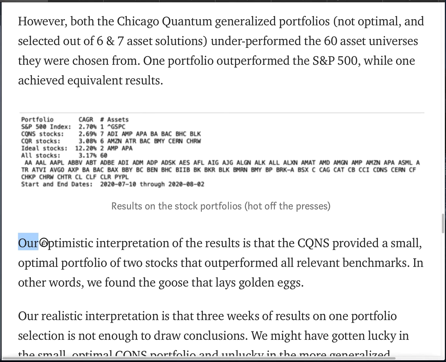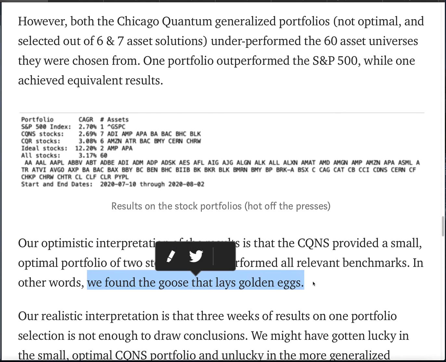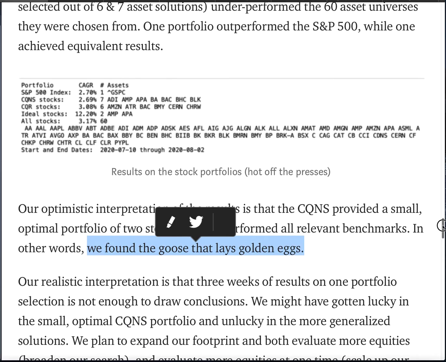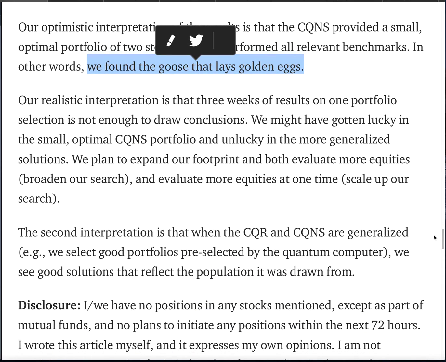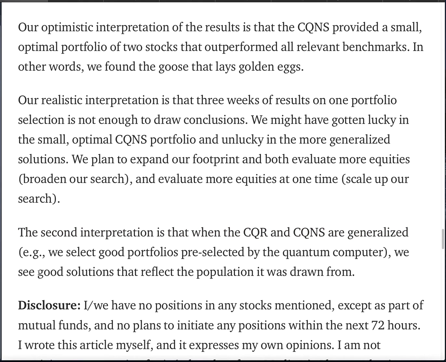So our very optimistic interpretation of the results is we found the goose that lays golden eggs, and you better go pick up those eggs. The other interpretation is that when we generalize the solution, when we make it more consumable for the investing population, we see good solutions that reflect the population it was drawn from. Is it the best? Maybe not.